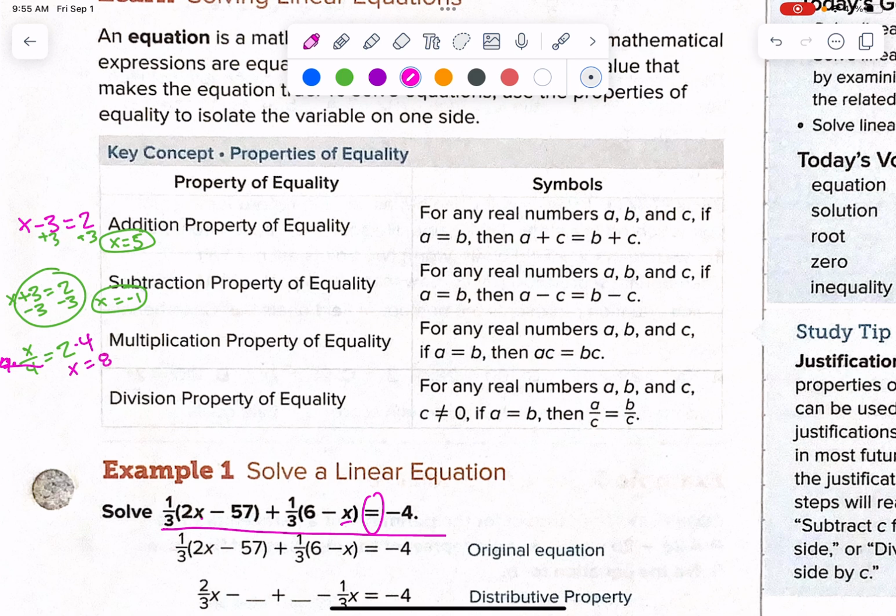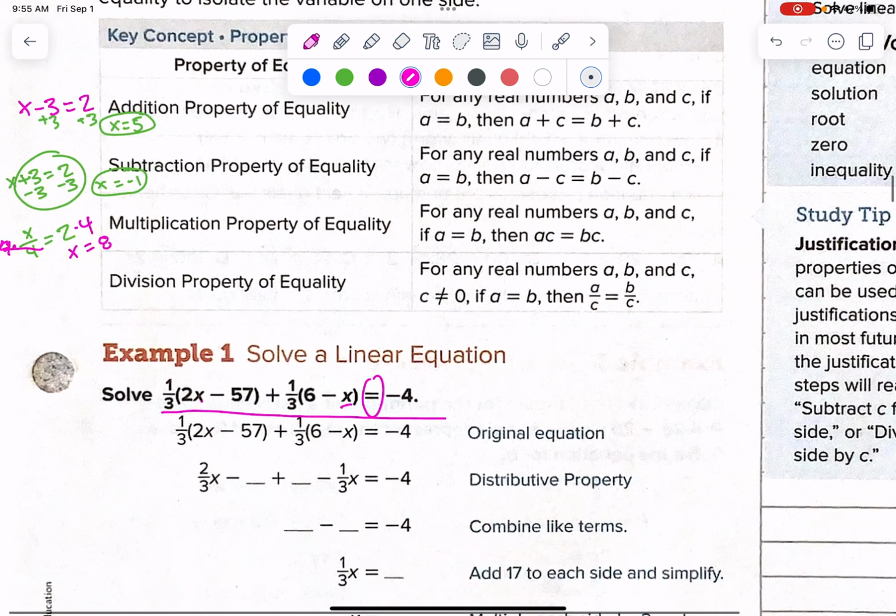So we multiplied 4 to both sides, and that's the multiplication property of equality. And then the division property would be like, let's say I have 2x equals 4, and I am allowed to divide both sides by 2 in order to get x equals 2, okay? As long as I'm doing it to both sides, I can add, subtract, multiply, divide. As long as I'm doing it to both sides, it stays legal, I guess.